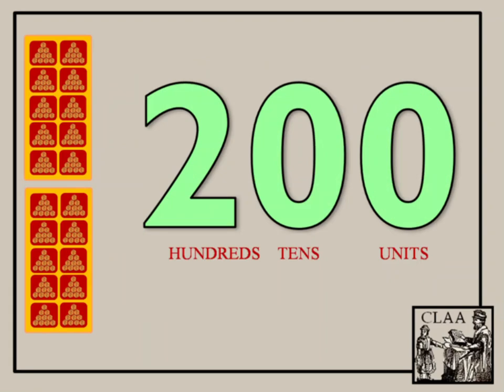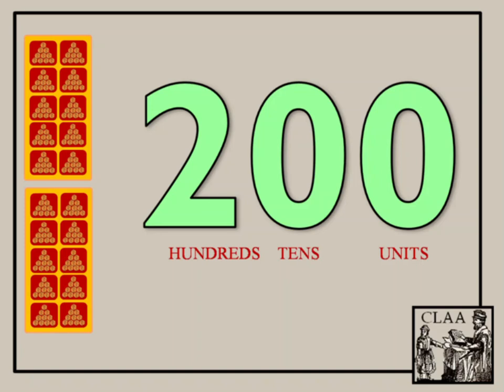Here's the last number we're going to learn in this lesson. How many pennies are on your screen? If you counted them by sets of 10, you would count 20 sets of 10. If you counted them by hundreds, you would have 2 sets of 100. You can see that there are 2 gold boxes full of pennies.